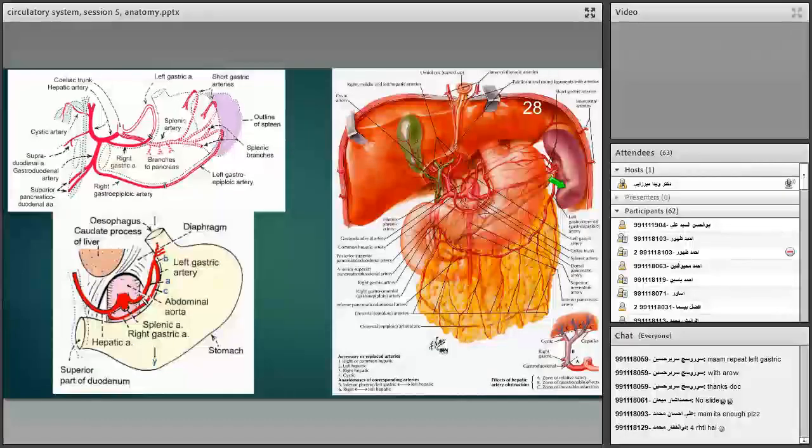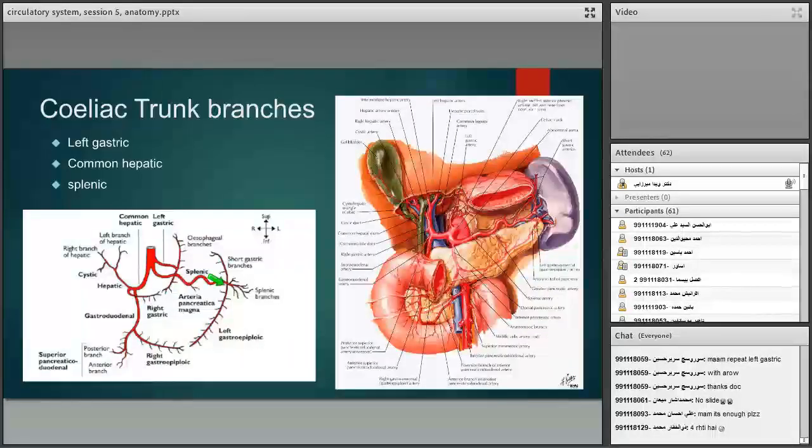It will also send some branches to the fundus of the stomach with the name of short gastrics. Short gastrics are supplying the blood for the fundus of the stomach. And also the other branch is the left gastroepiploic. Look at here, the left gastroepiploic, which is going to the big curvature of the stomach.